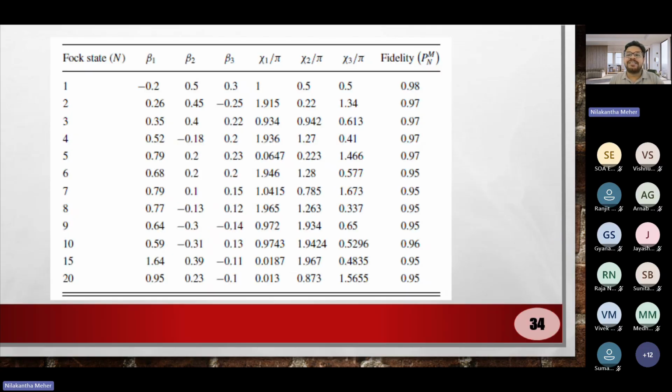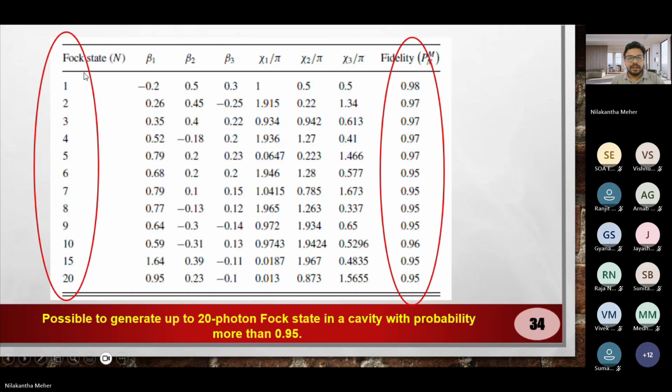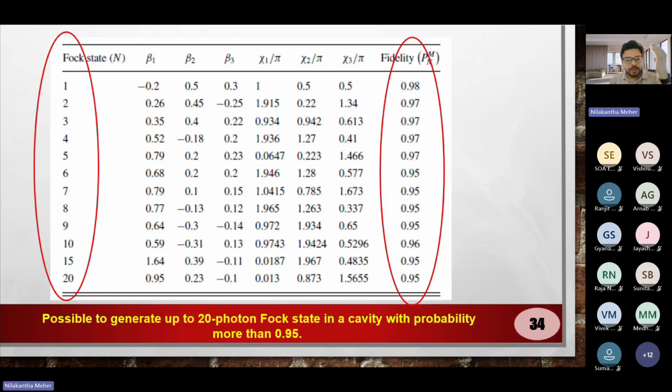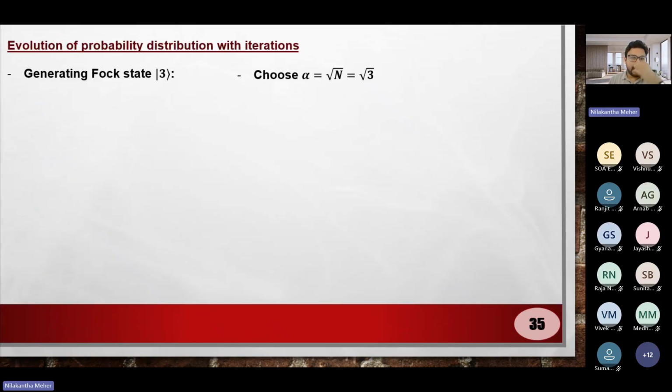Surprisingly, this enhances things: we can generate up to 20 photon Fock states with a probability of more than 0.95. So this improves the fidelity, and we can generate higher order Fock states up to 20, with 3 iterations, with fidelity more than 95 percent.